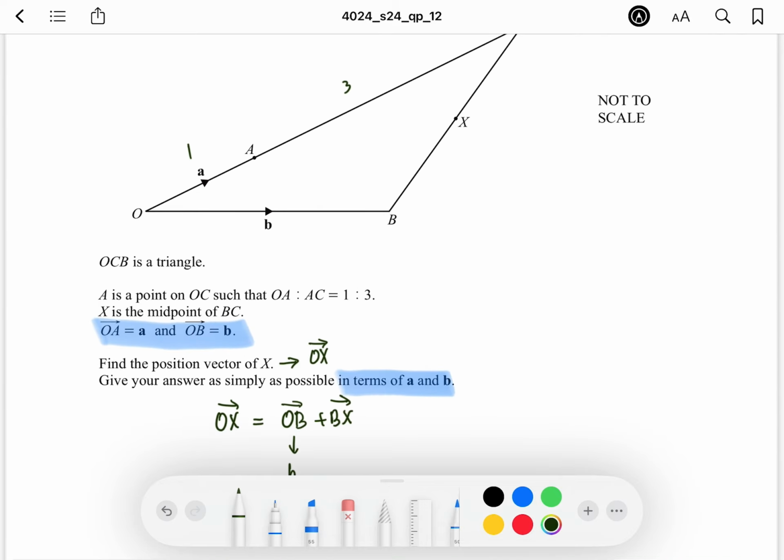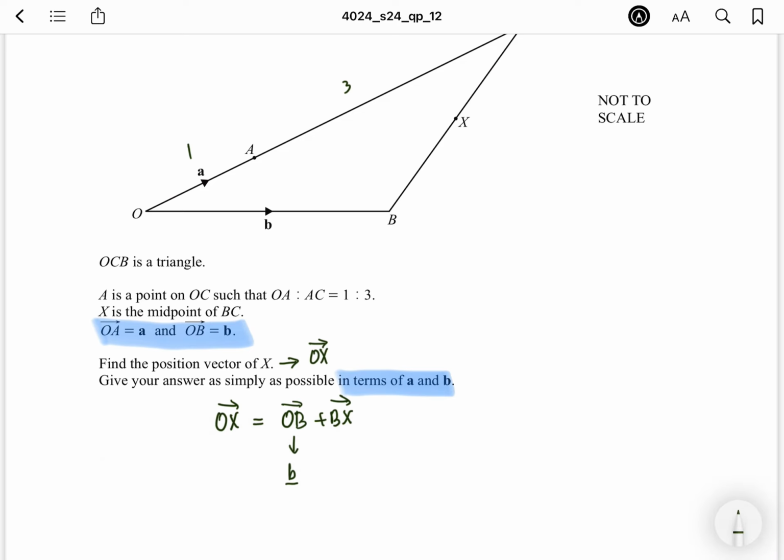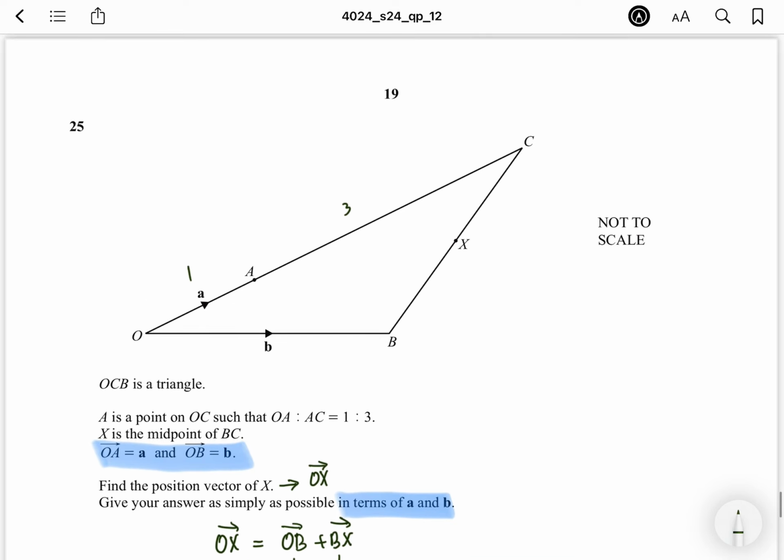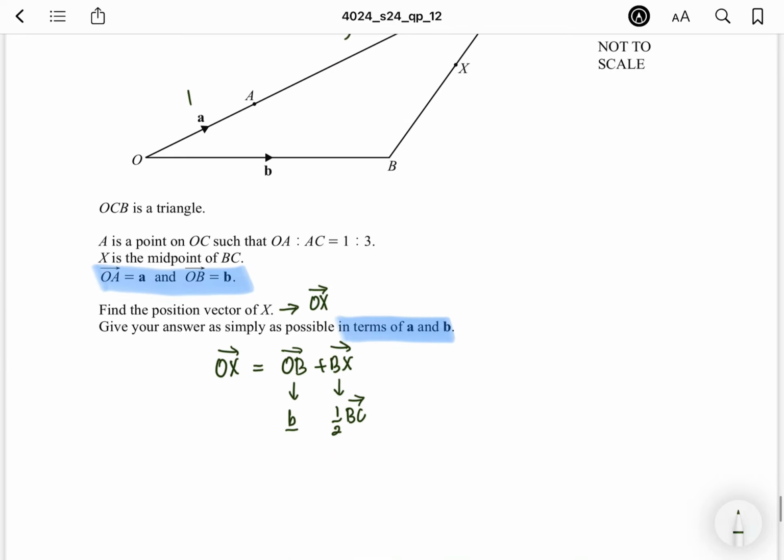We don't have BX. But X is the midpoint of BC, so BX is half of vector BC. Are we given vector BC? No. So we need to find BC.